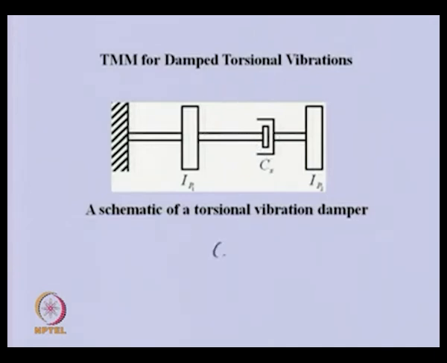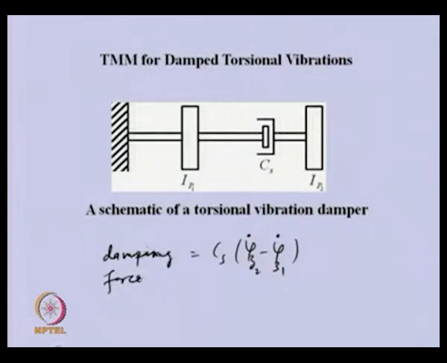So, Cs and the relative angular velocities at the two ends, where the dot represents the velocity. This will be the damping force for this kind of external damper.